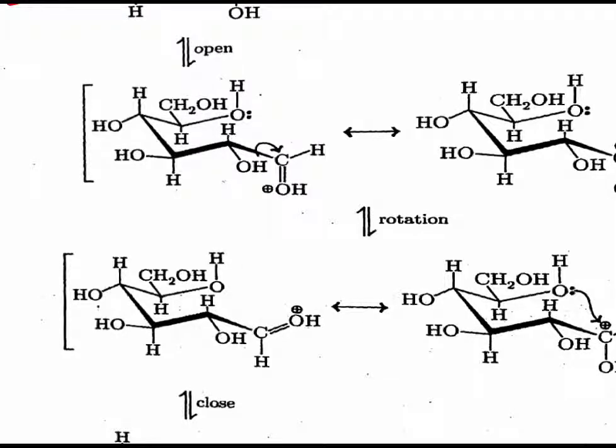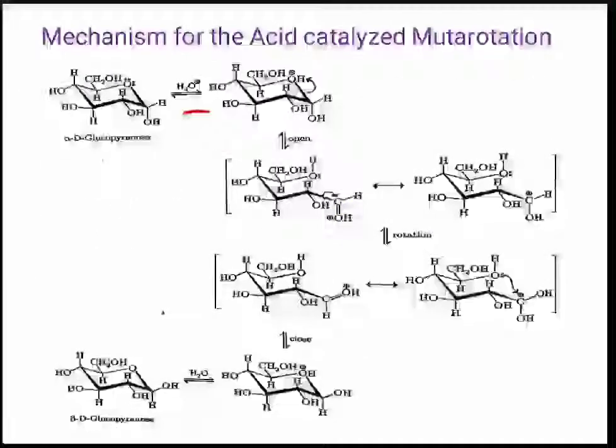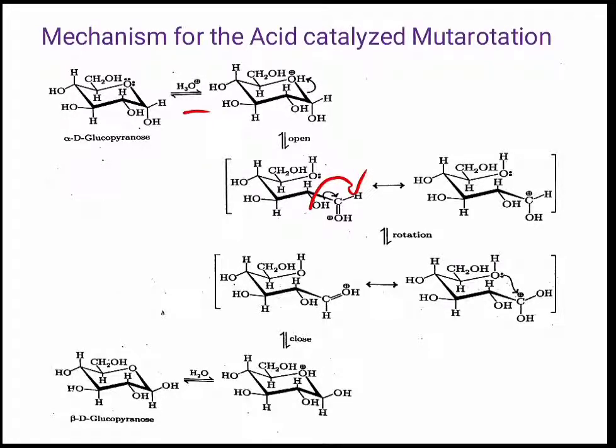If this bond rotates, you will get this one after rotation, and after the ring closure you will get this form. That means if you started with alpha-D-glucopyranose, you are getting beta-D-glucopyranose via a rotation of bonds.